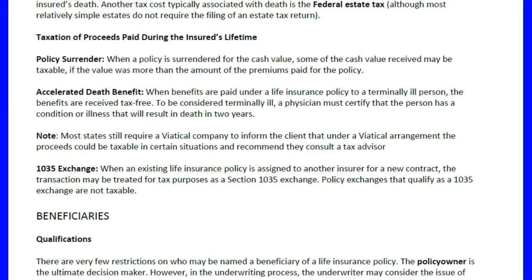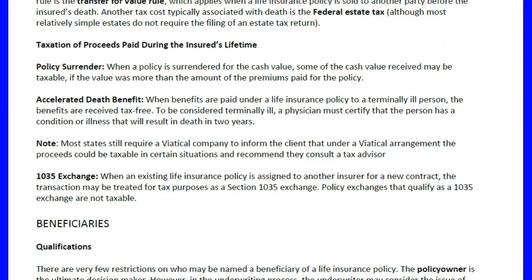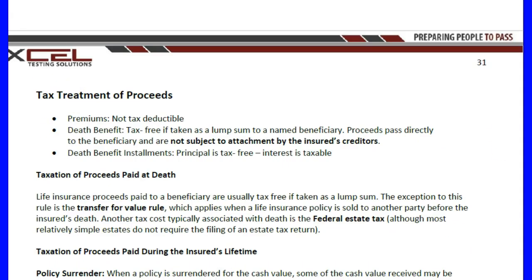Accelerated death benefit: when benefits are paid under a life insurance policy to a terminally ill person, the benefits are tax free. To be considered terminally ill, a physician must certify that the person has a condition or illness that will result in death within 2 years. Accelerated life benefit is tax free. So you don't have too many options here.